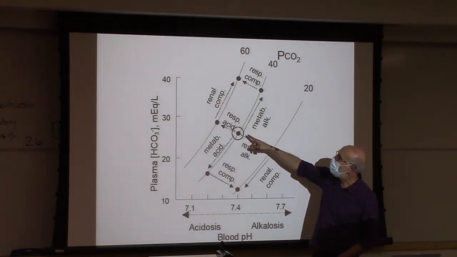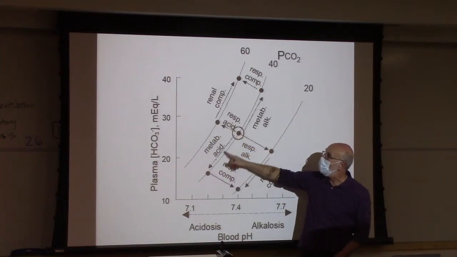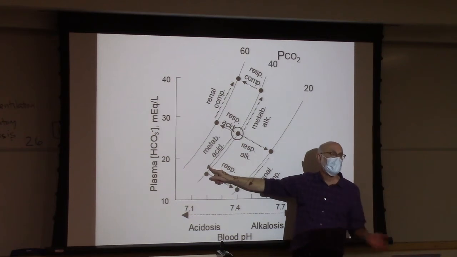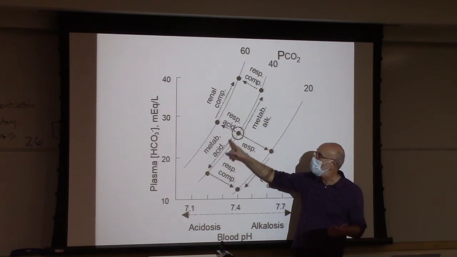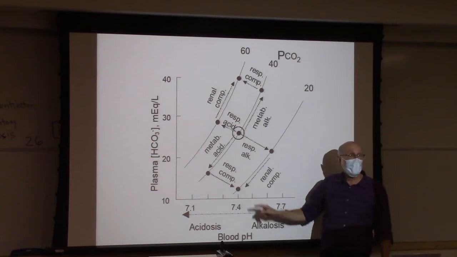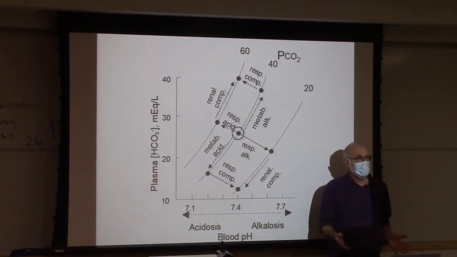We talked about metabolic, let's just focus on this arrow here, metabolic acidosis. You're exercising, some anaerobic exercise generating lactic acid, metabolic acidosis. Respiratory compensation. Your respiratory system responds. You've all experienced this.